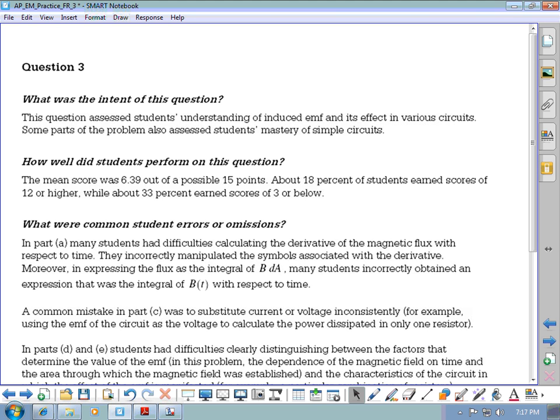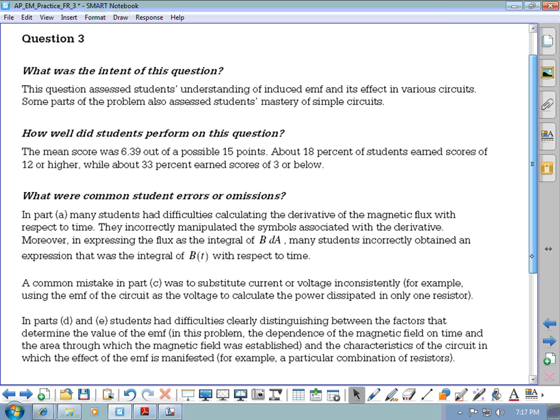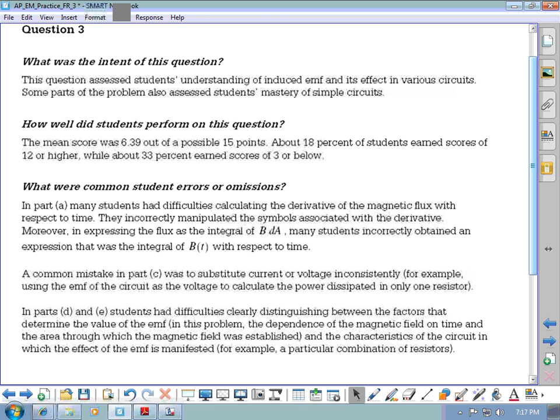In parts D and E, students had difficulties clearly distinguishing between the factors that determine the value of the EMF, the dependence on the magnetic field, on the time, and the area through which the magnetic field was established, and the characteristics of the circuit in which the effect of the EMF is manifested.